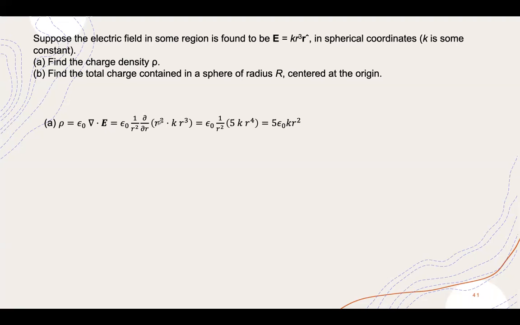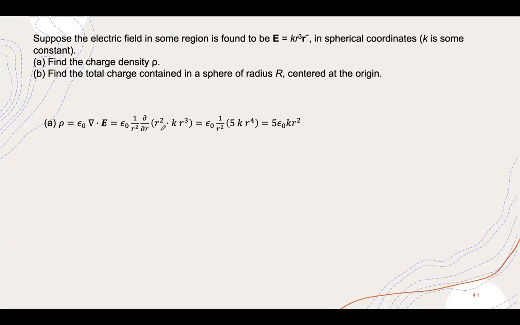And then the electric field is given as kr cube. You know that this term comes from the spherical polar coordinates, as a definition of del. And I actually introduced this in the very first session. So if you don't remember, please revise it, then you're going to get it very easily.